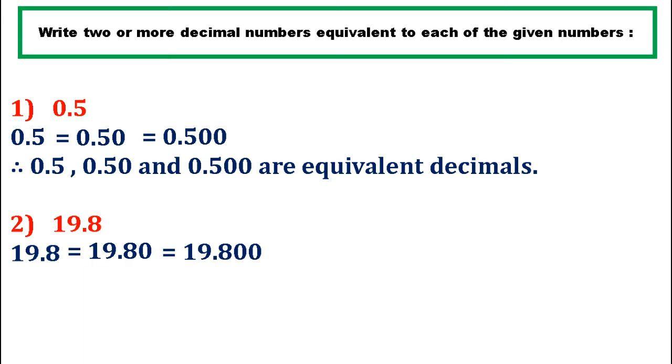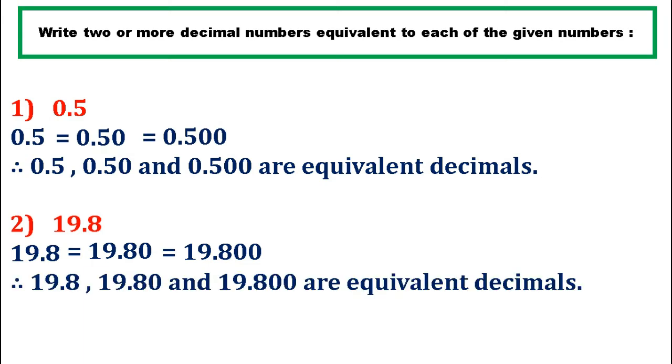The second equivalent decimal number can be 19.800, because 0 at the extreme right of a decimal point can be easily cancelled. Therefore, 19.8, 19.80 and 19.800 are the equivalent decimal numbers.